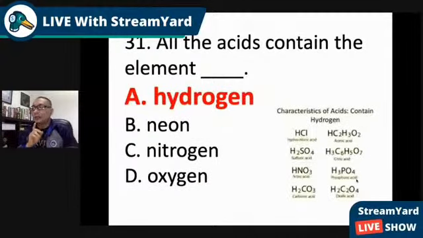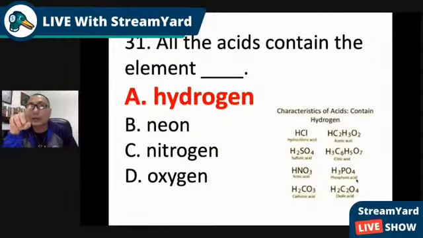Take note that normally acids contain hydrogen. So if you have a list of compounds and you are asked which among these compounds, without even the name, is an acid, that's one question answered.